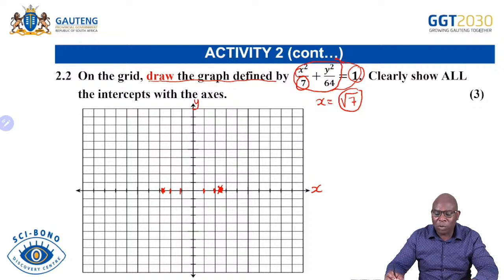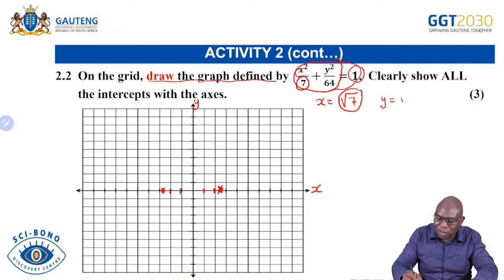But for my y values, I say y squared equals 64. So y will be the square root of 64, which is going to be 8. Then I go to my y-axis and check 1, 2, 3, 4, 5, 6, 7, 8. So 8 will be there. Remember, it's a plus or a minus.